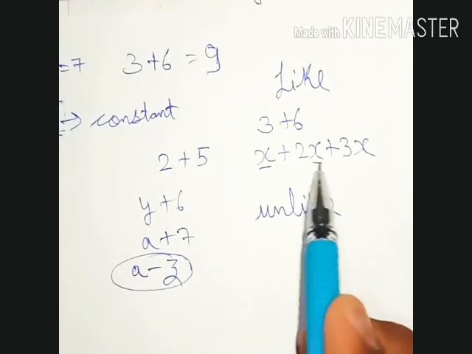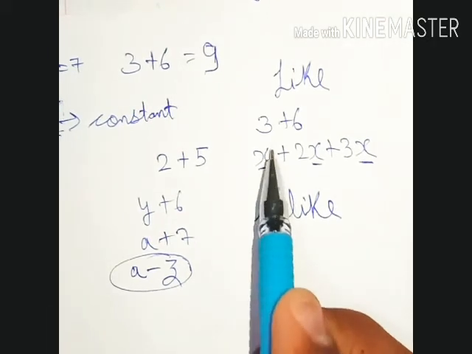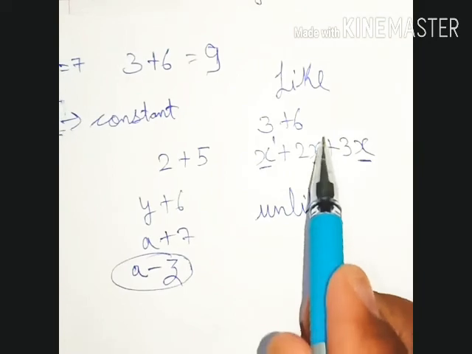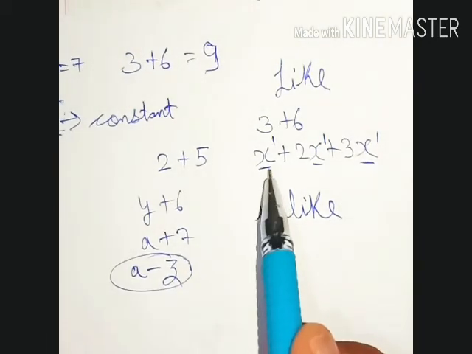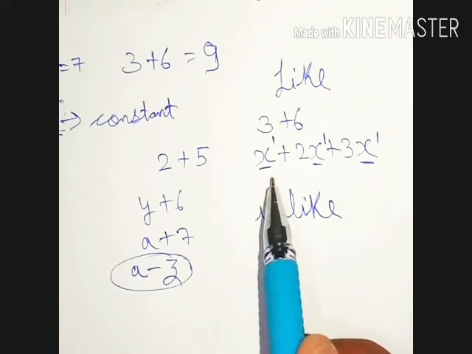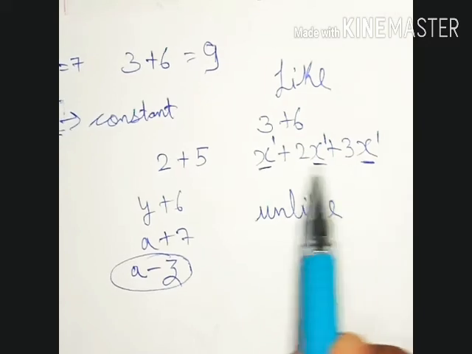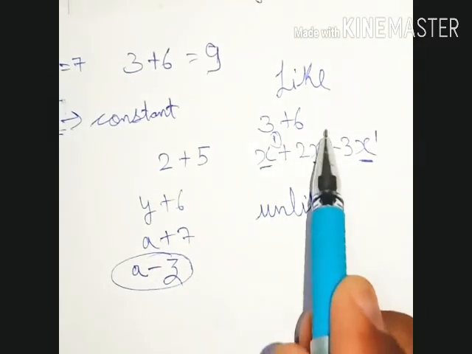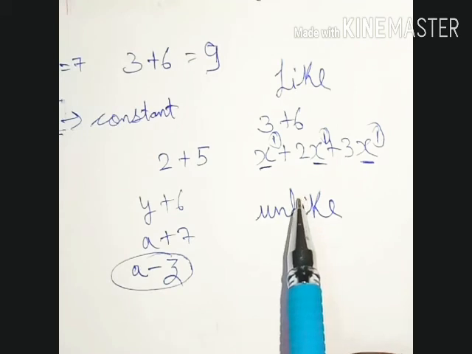There is x, and x. All the variables are the same and the power of the variables is 1, x raised to power 1. So the terms having the same variable and the same power are called like terms.